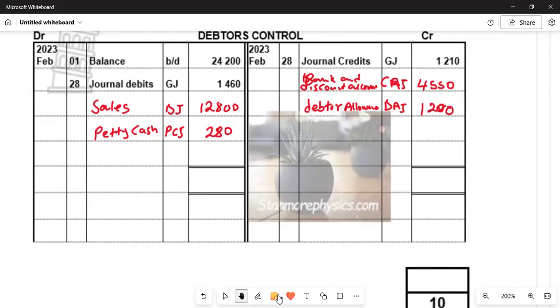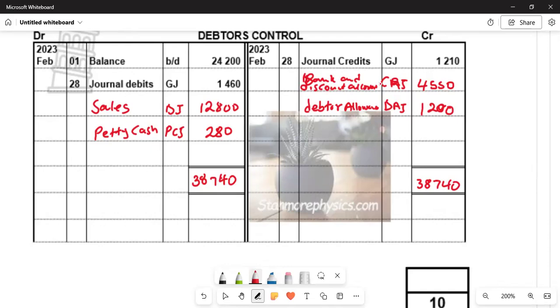So as we can see, our bigger side is this debit side, whereby now we're going to write the total amount of 38,740. Add them all, they will be 38,740. So we are going to write it on both sides, 38,740.